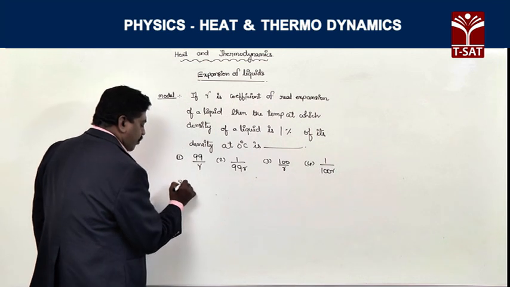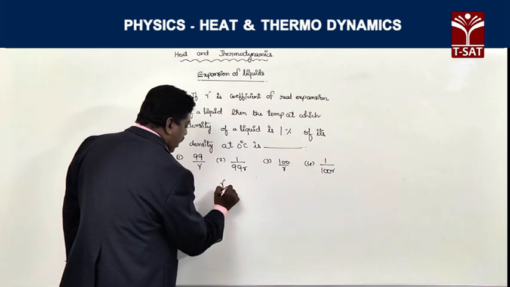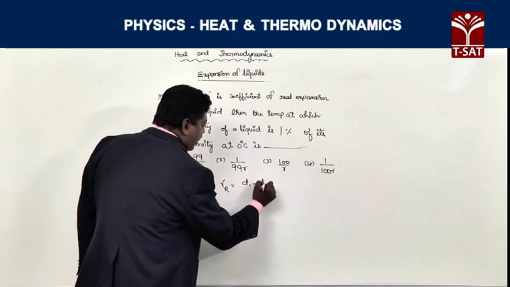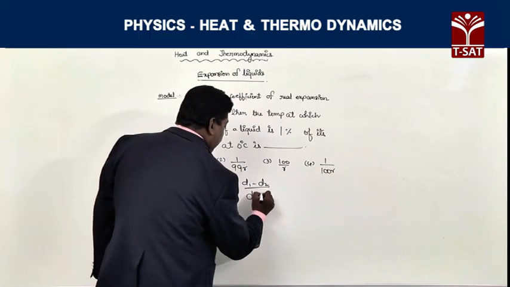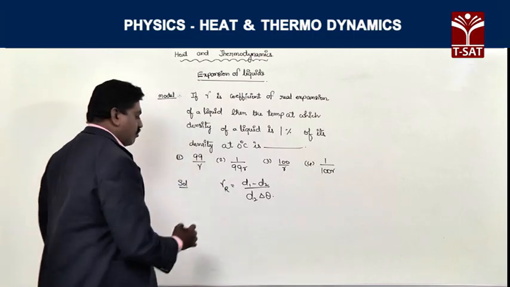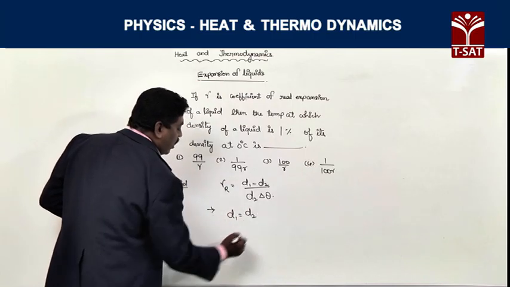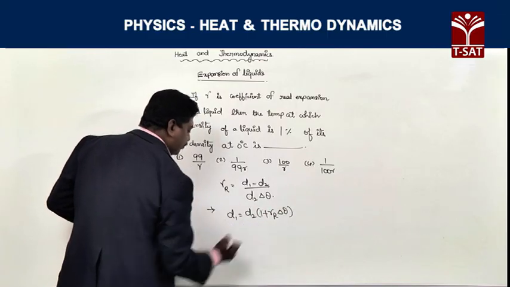As I have derived already in the previous case, we have gamma r equals d1 minus d2 by d2 into delta theta. From this we can write d1 equals d2 into 1 plus gamma r delta theta.